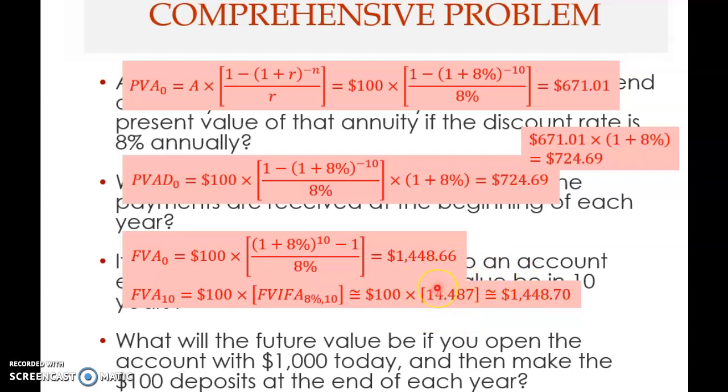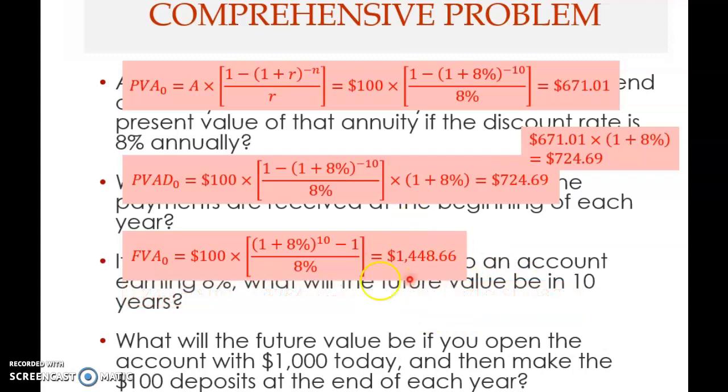But another way of getting this answer, the future value interest factor annuity, would be to use this value here, 671.01. You compound this for 10 years at 8%. You take this, multiply it by 1 plus 8% raised to the power of 10, and you get the same answer.